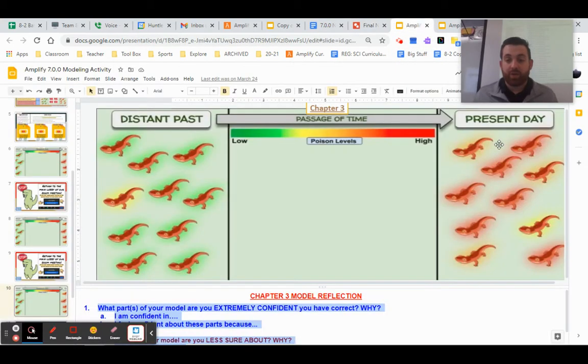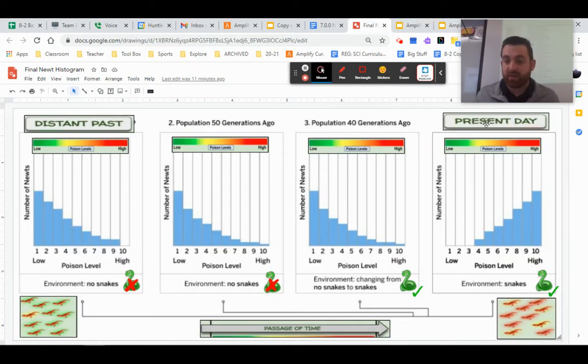If we look at our model over here at our present day, the end of our before, during, and after model, you'll notice that that's our very last histogram here. So notice our distant past, we have our different poison levels with our population, and over here we have our present day population with our poison levels and our image here of that population.